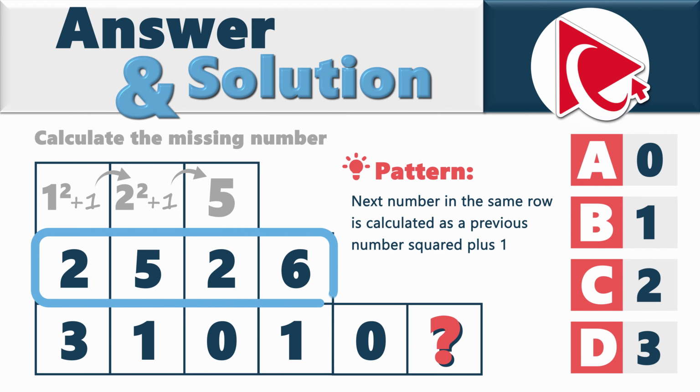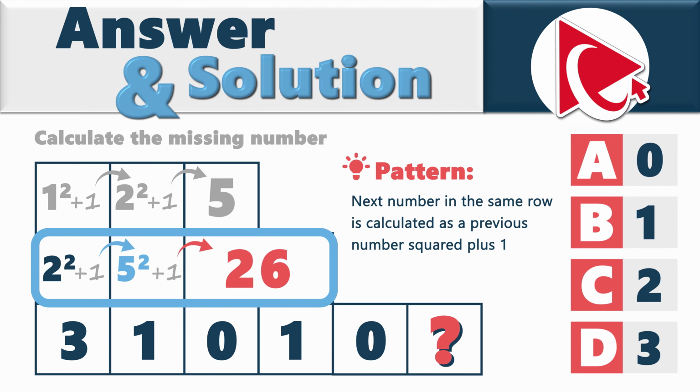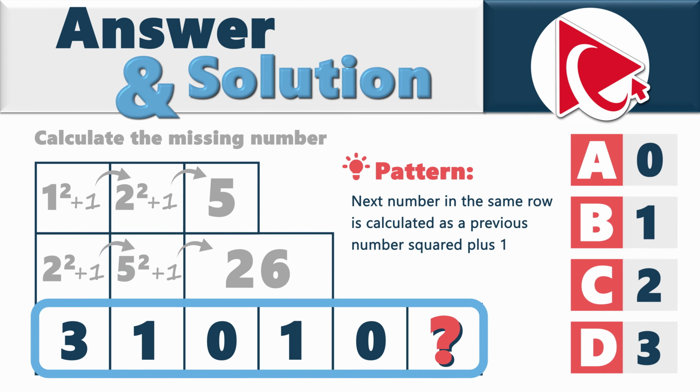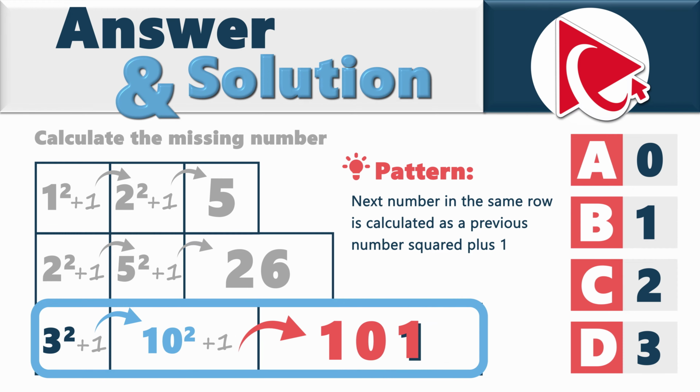For the second row, the calculations would be 2 squared plus 1 equals 5, and 5 squared plus 1 equals 26. Let's calculate the missing value now. 3 squared plus 1 equals 10, and 10 squared plus 1 equals 101. So the missing number here is choice B, 1.